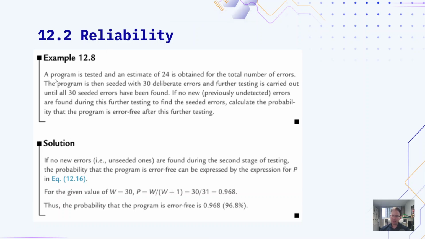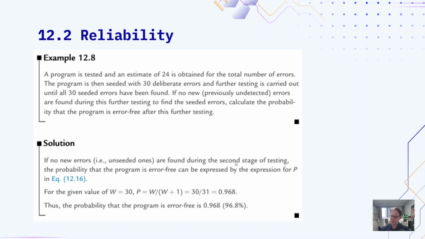Here's an example. A program is tested and an estimate of 24 is obtained for the total number of errors. The program is seeded with 30 deliberate errors, and further testing is carried out until all 30 seeded errors have been found. If no new, previously undetected errors are found during this further testing, calculate the probability that the program is completely error-free.